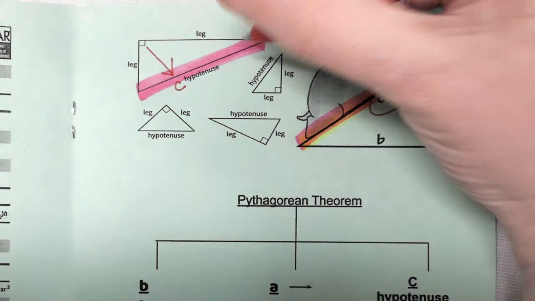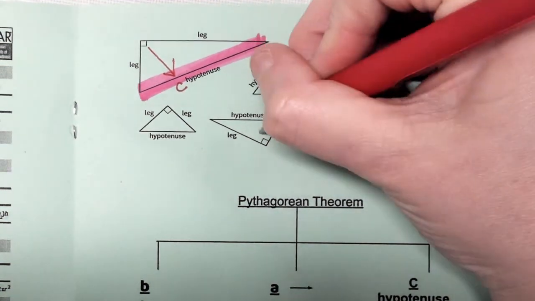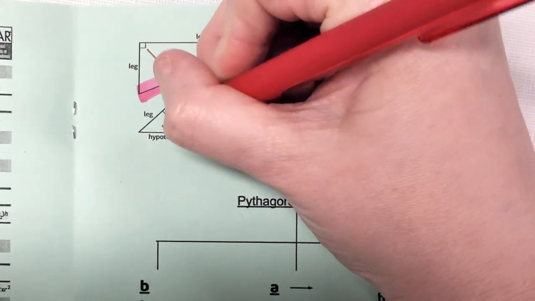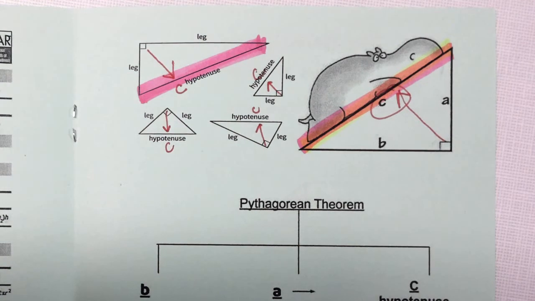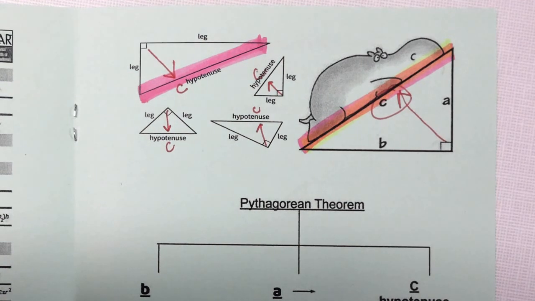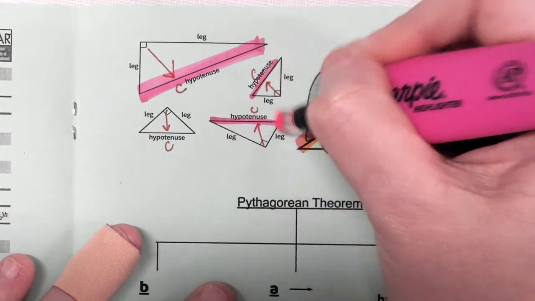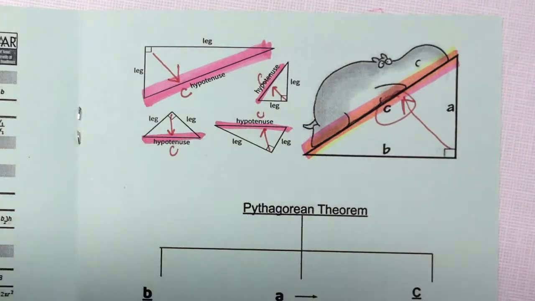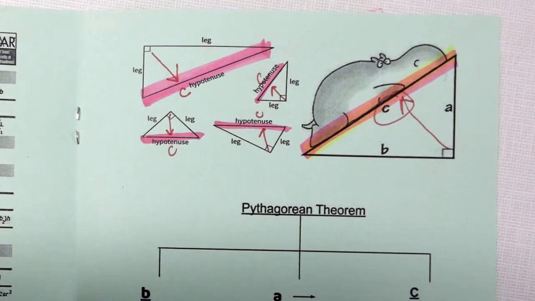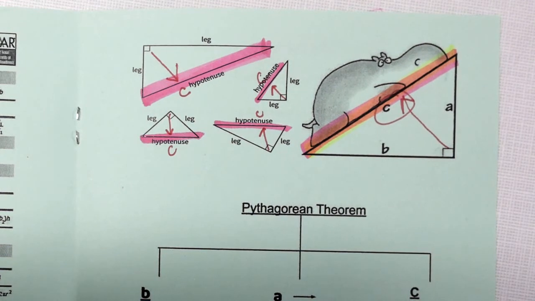I always want to label C, and you can highlight if you want to. But definitely make sure that the first thing you do when you see a right triangle is label C. C is the most important part of a right triangle.